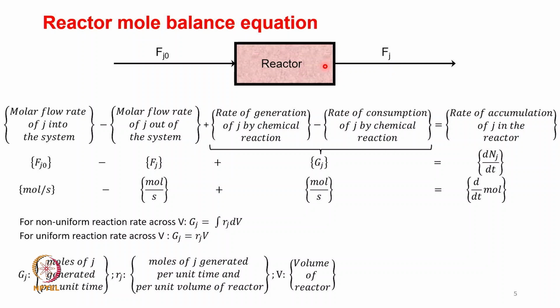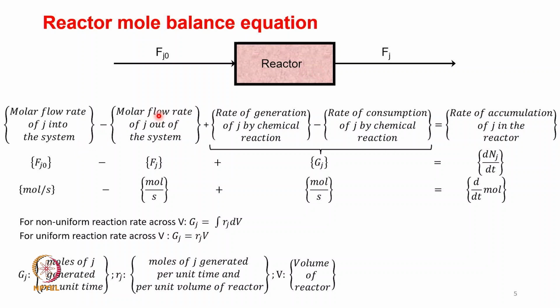So now let's write the balance equation for the reactor. So let's say molar flow rate of J into the system, where J is the component, minus molar flow rate of J out of the system, input minus output. And the next part is the generation of J by the chemical reaction and consumption of J by chemical reactions. These are the four things that can happen inside the reactor.